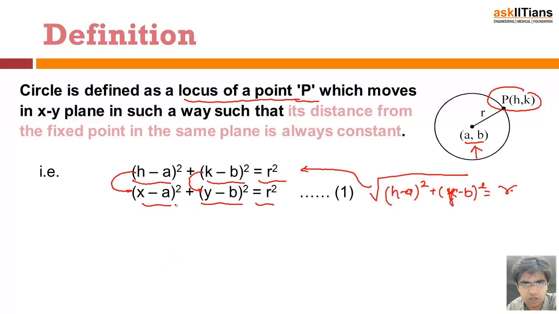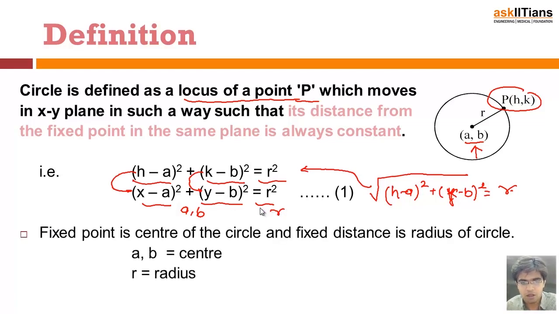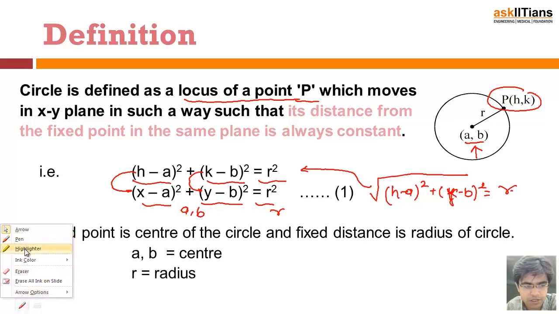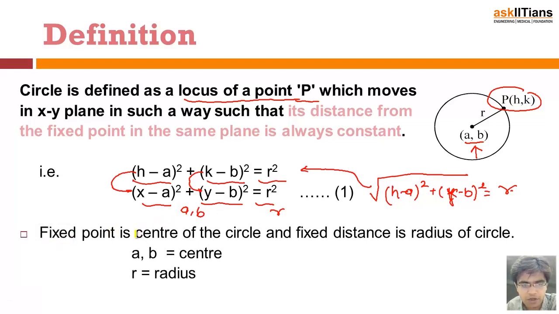This is one of the general equations of a circle. It is again a very basic definition. You can clearly see that a, b is the fixed point and r is your fixed distance. So what we have done is that we have given a name to this fixed point and this fixed distance. Let's call the fixed point the center.